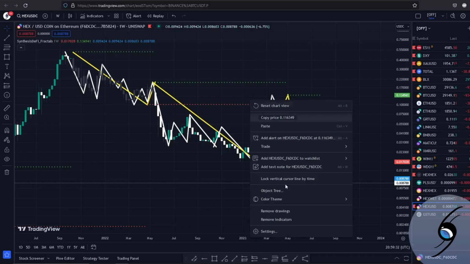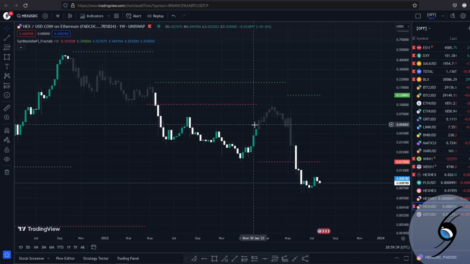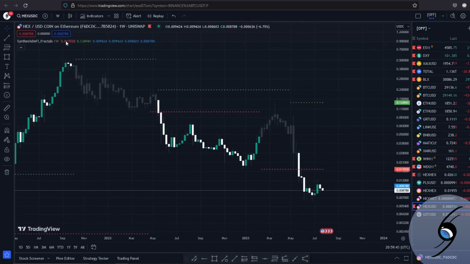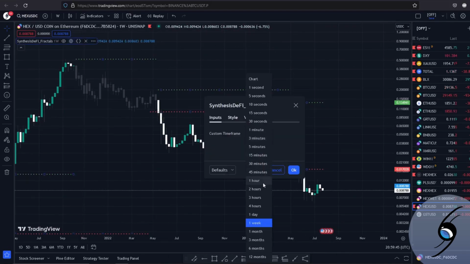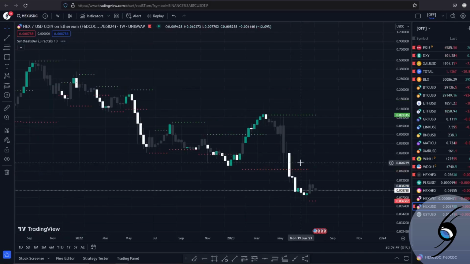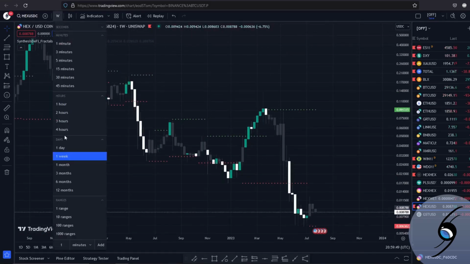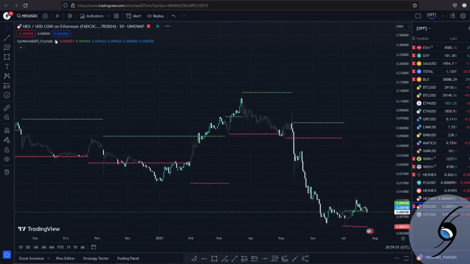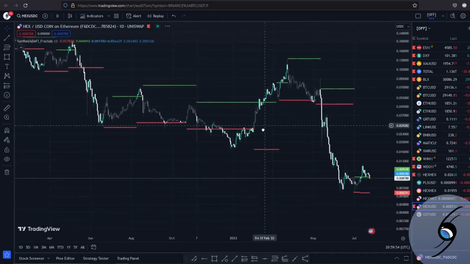The second part that I want to share with you guys really fast here is how to see the correct price of HEX. Because there are many players that are watching the wrong price of HEX. Remember that HEX had a fork in May, right?